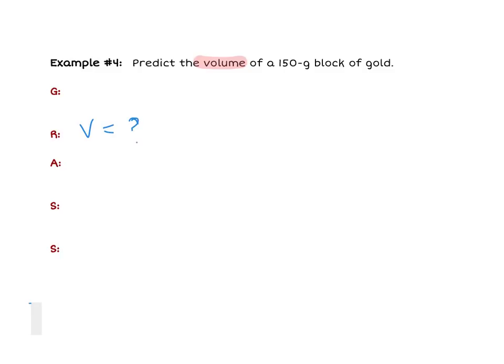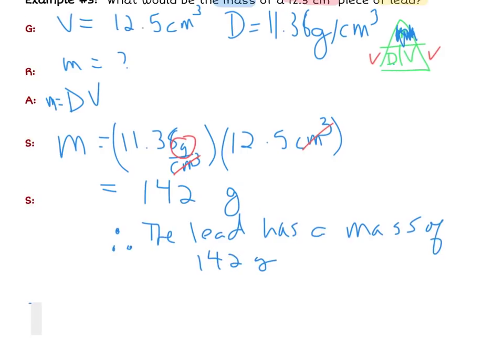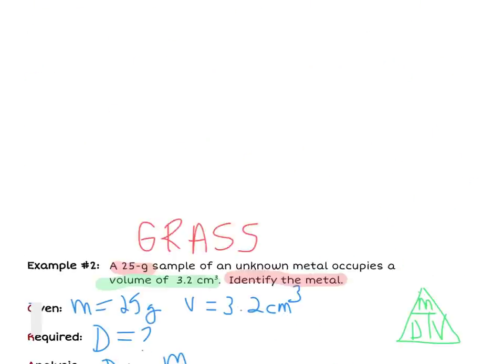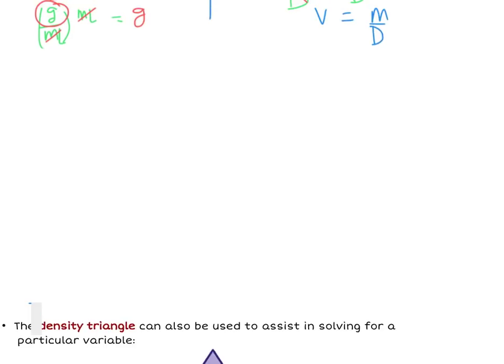Now I'm going to go back and say, well, what else am I given? I'm told that it's 150 grams. So grams are a unit of mass. So I'm given my mass of 150 grams. And it tells me also that I'm working with gold. So I'm going to need to do some backtracking here. I'm going to go all the way back, skimming through.